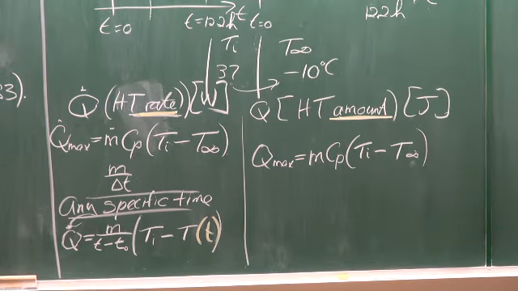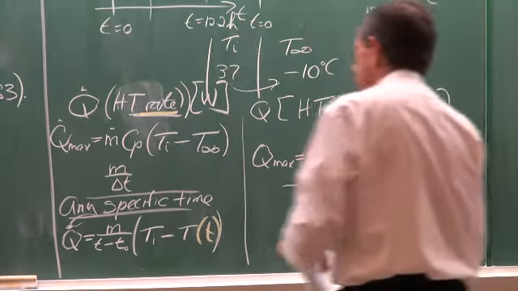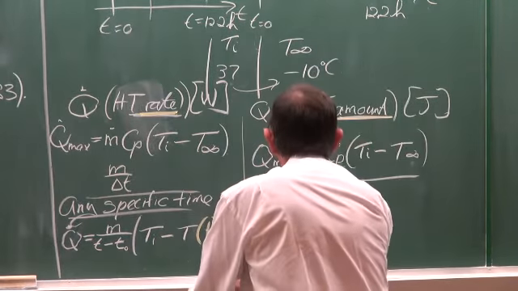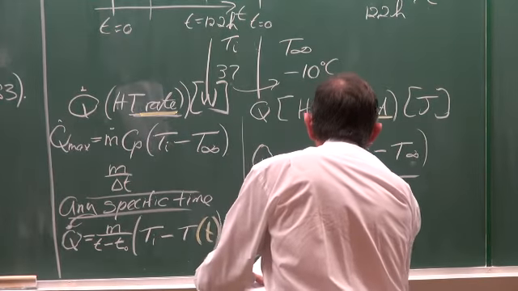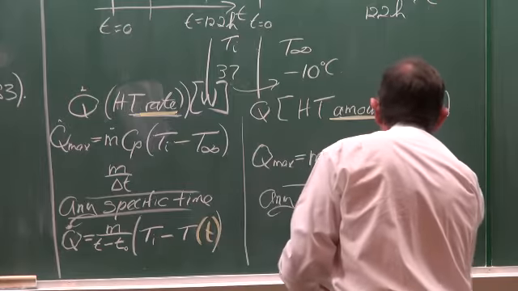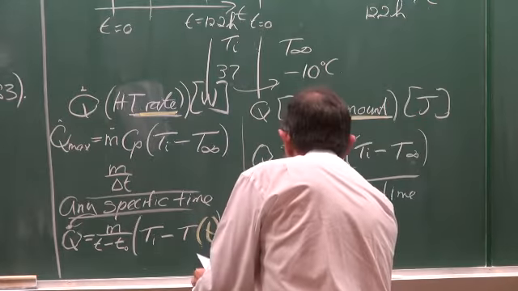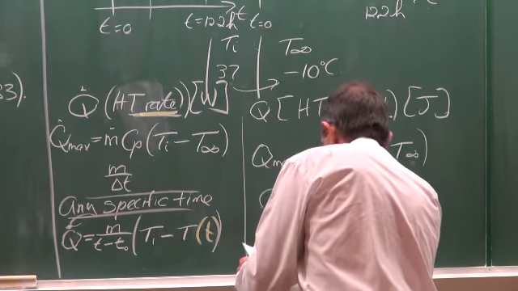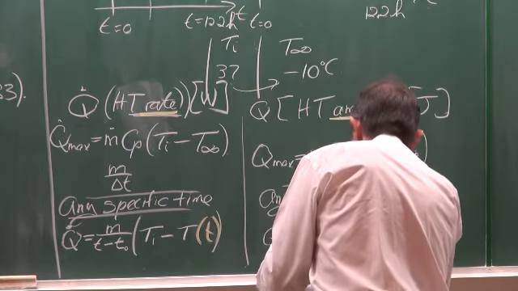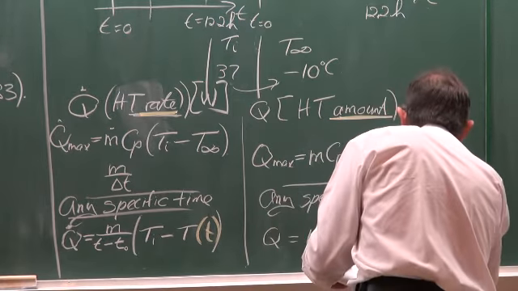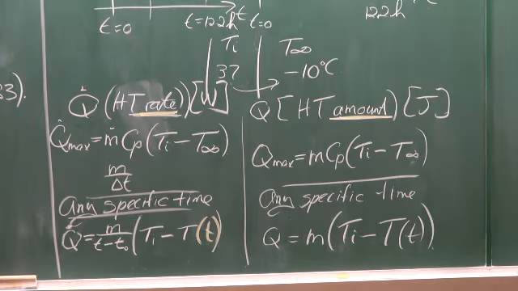So that would be the total that can be transferred. Or at any specific time, Q would be equal to m multiplied by Ti minus the temperature as a function of time.